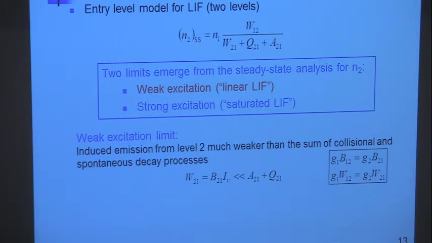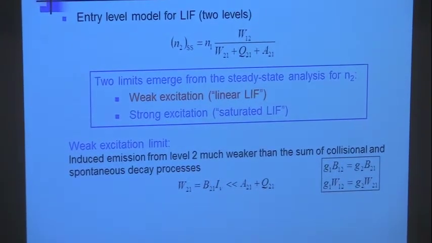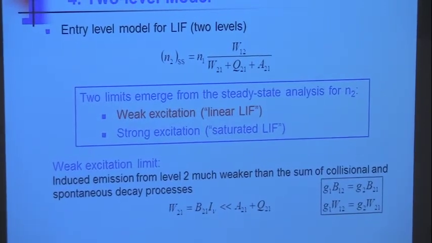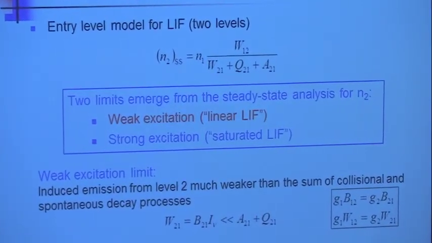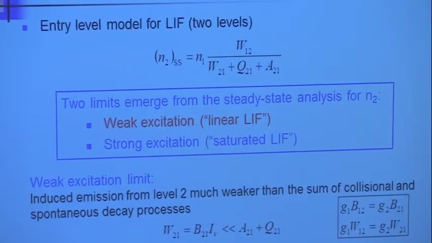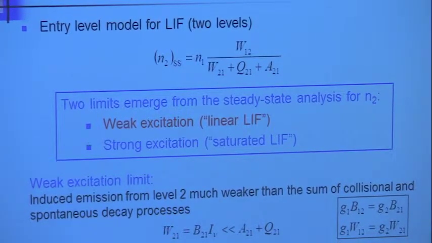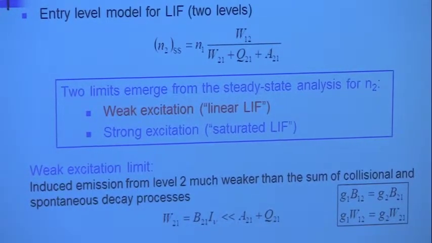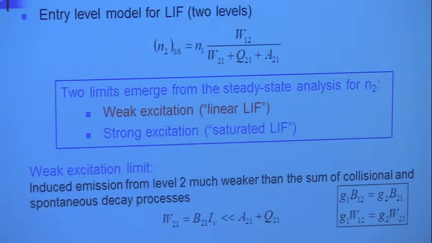You have to remember from the Einstein theory that G1, the degeneracy, B12 and B21 are related this way: whatever B12 is, B21 is about the same, only by the ratio of the degeneracies. So in the weak excitation limit, W12 is small, therefore W21 is small compared to these two, and we're going to make that approximation.